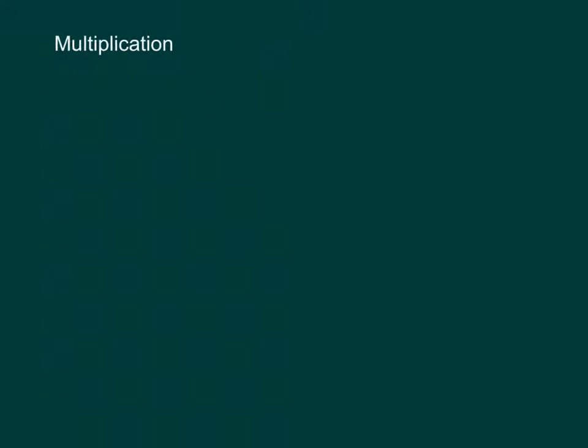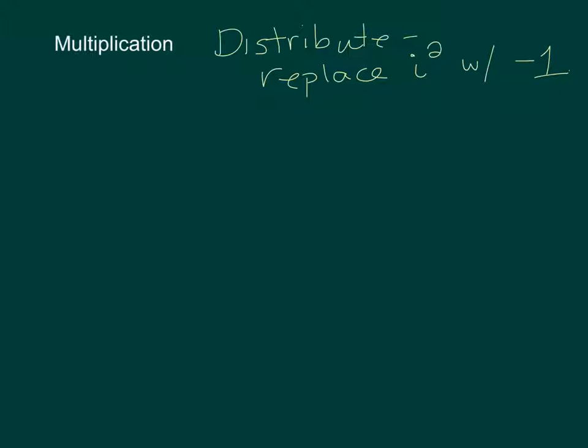Multiplication, all we want to be able to do here is distribute, and we want to replace i squared with negative 1. So for example, if I have, let's say 2i times 3 minus 5i.